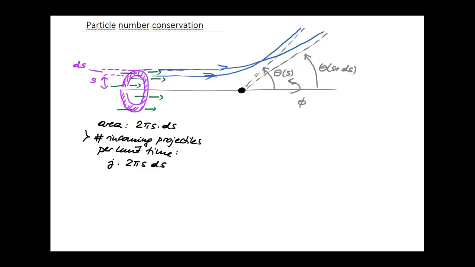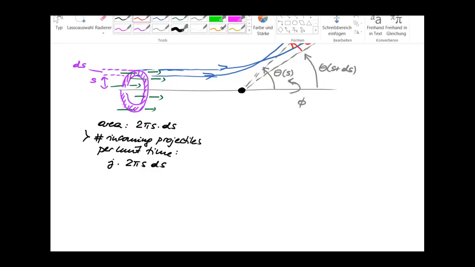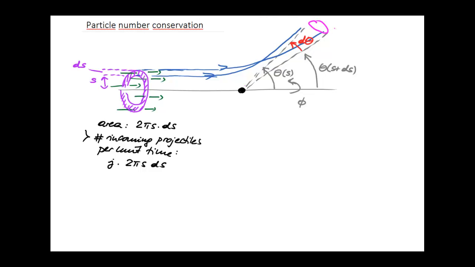So as a result, there's a small variation of scattering angle d theta, and this gives rise to a spatial angle d omega. As a result of the small but non-zero thickness of the ring, we have, for the outgoing particles, a small but non-zero spatial angle d omega, in which we will find and measure the outgoing particles.